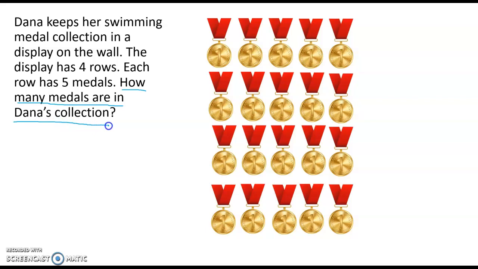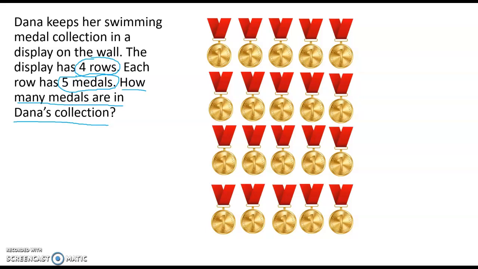What information is going to help me solve this problem? You probably said there's 4 rows with 5 medals in each row.